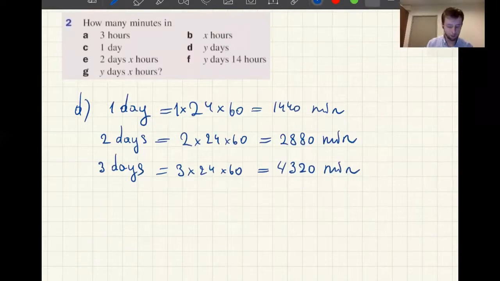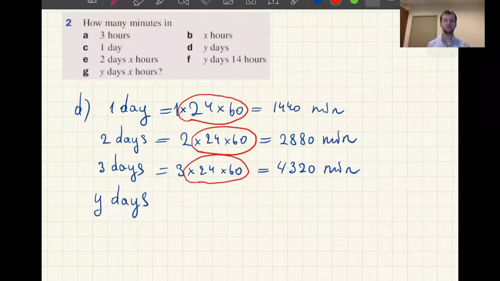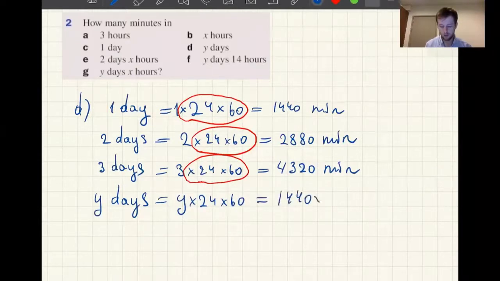What does it mean? It means that if we go to Y days, we try to see what's common between them. This is 1 day. The only thing that is changing is the amount of days. The rest, what we do, is the same. We do times 24 times 60, times 24 times 60. So if we have Y days, it's going to be Y times 24 times 60, which is 1440 times y.